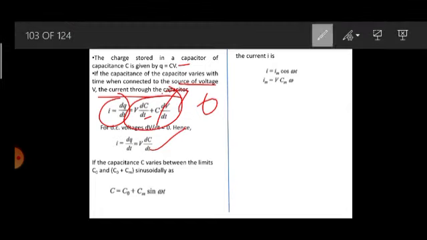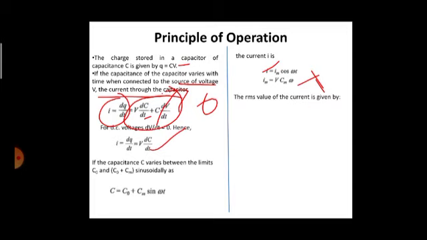If I substitute the value of I, I get Im equals V into Cm into omega. Now this is the peak value. The RMS value of current can be given as I RMS equal to V Cm omega by root 2.